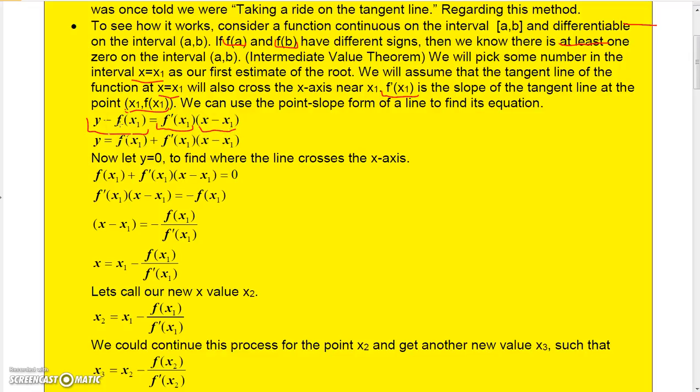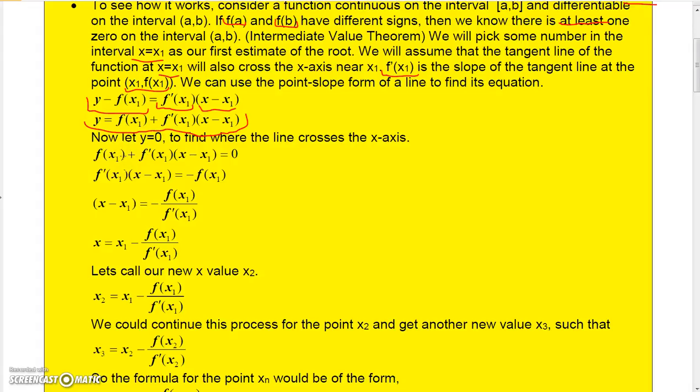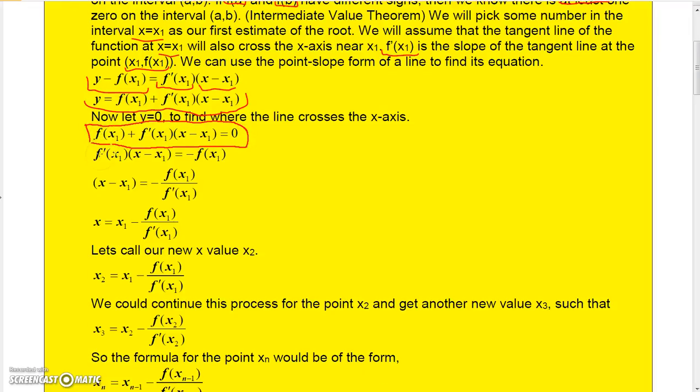Then we can solve this for y and get that y equals f of x1 plus f prime of x1 times x minus x1. Now, we're going to let y equal 0 to find where this tangent line crosses the x-axis. So we'll set this equal to 0. Basically, we're looking for the x-intercept of this tangent line.